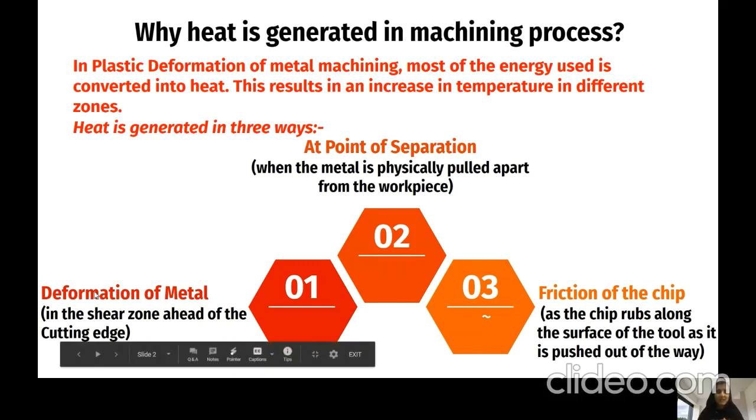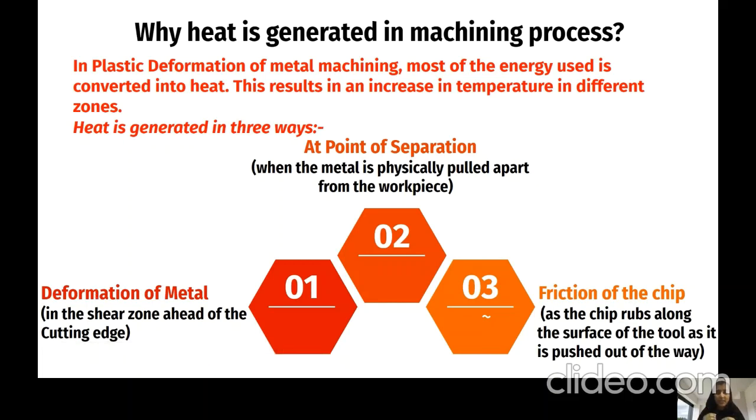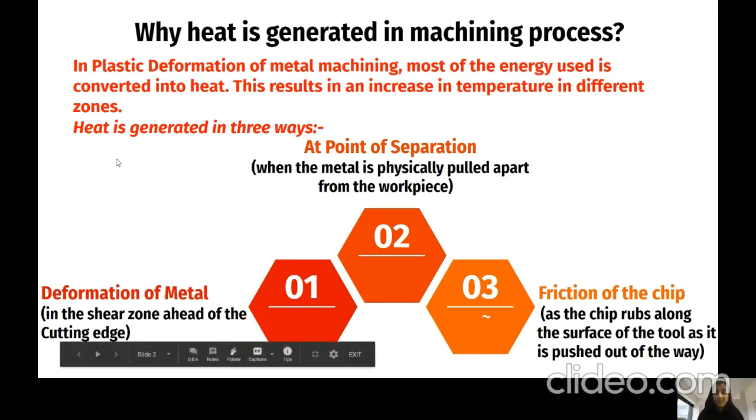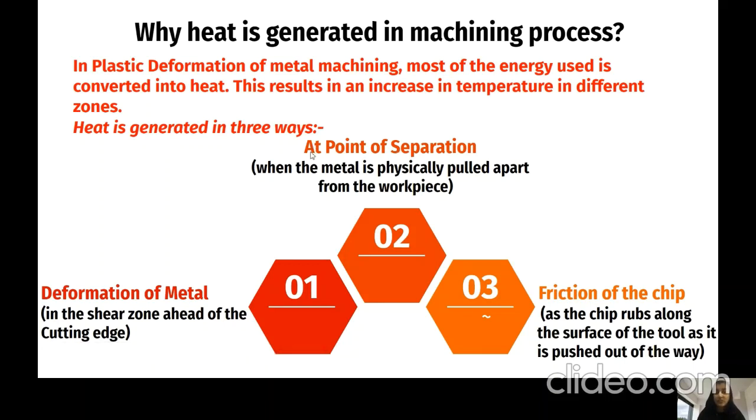As we can imagine, when a tool moves over the workpiece, there is a shear zone just ahead of the cutting edge of the tool. That is, when the chip is being removed from the raw material, the deformation of metal is taking place. So, this is one of the reasons of heat generation. Also, when the chip, that is the metal, is physically pulled apart from the workpiece, heat is also generated at the point of separation.